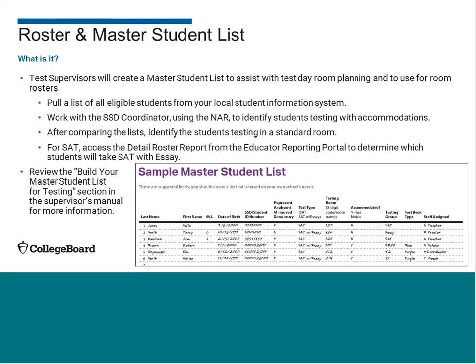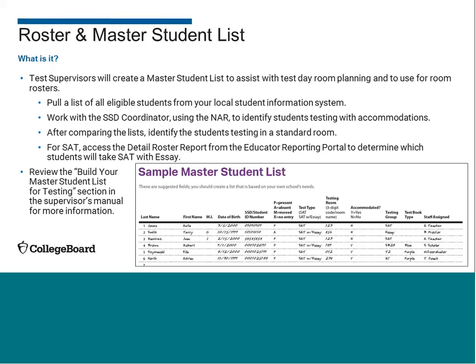We've called out some specific information for these lists to help you track your students, providing some identifying information for the students, leaving an area for you to mark whether students are absent or present on test day, the type of test that they're taking, so whether this is specific for SAT, if they're taking the SAT or the SAT with essay.